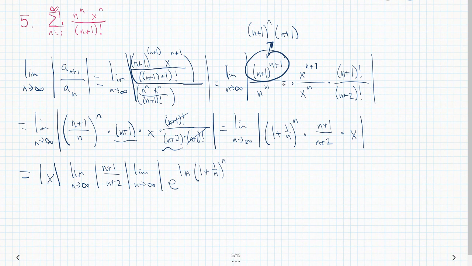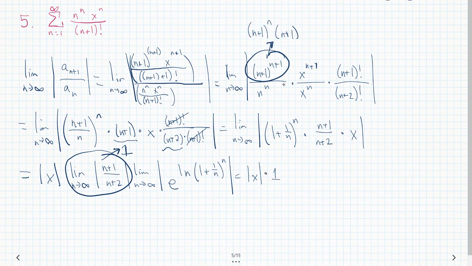Right? So that's one of the old tricks that we used with L'Hopital's and things like that. And so moving forward from there, we'll get the absolute value of x and that first limit. So this whole shindig, n plus 1 over n plus 2 as n goes to infinity, that thing just goes to 1. So times 1.